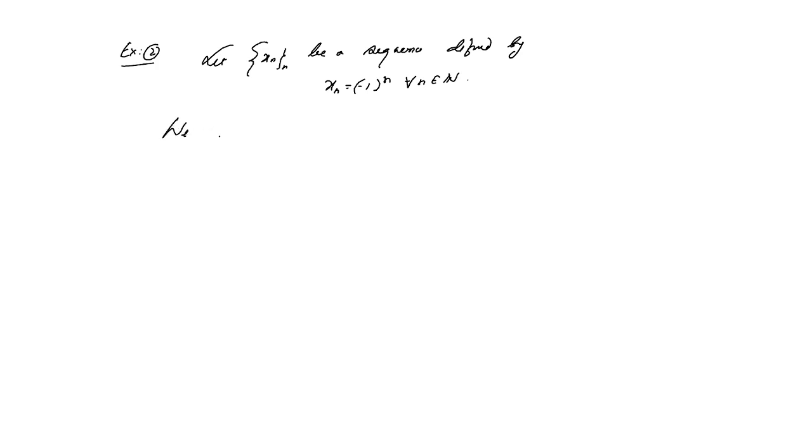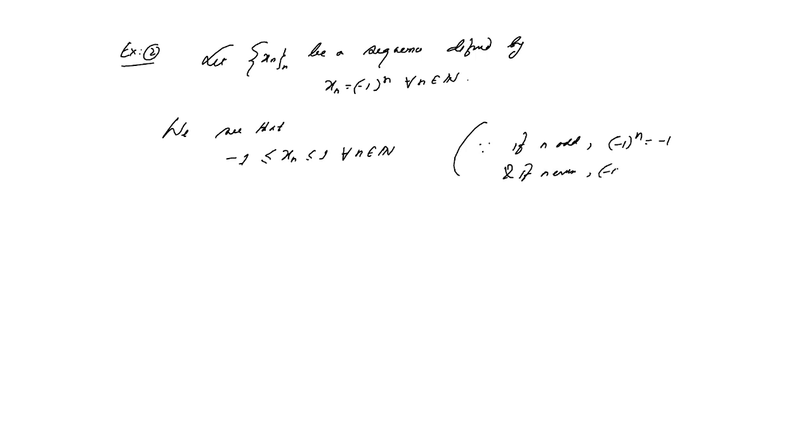So here we see that minus 1 is less than or equal to xn, which is less than or equal to 1, for all n belongs to natural number. Because if n is odd, then minus 1 whole to the power n equals minus 1. And if n is even, then minus 1 whole to the power n equals 1.